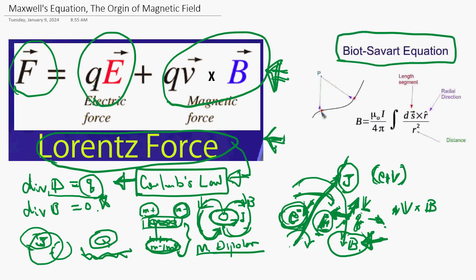When you have a current I flowing along this line, take a point and find out how much magnetic field we consider to be generated by this current I, and integrate along this line the line element dl, the cross product with the vector r, divided by the distance r squared.